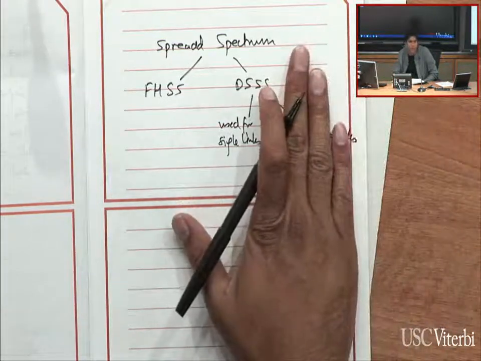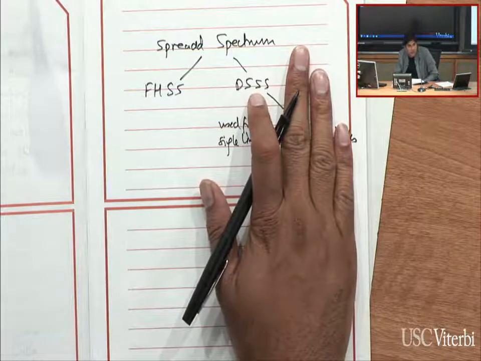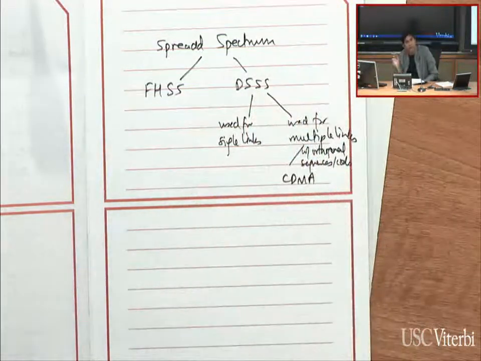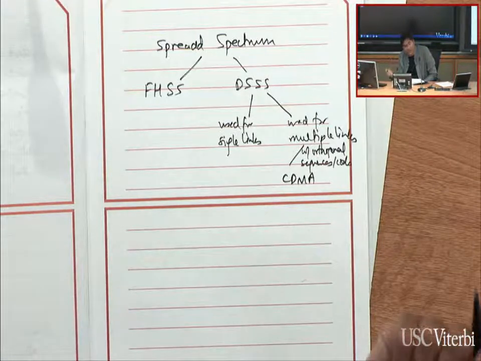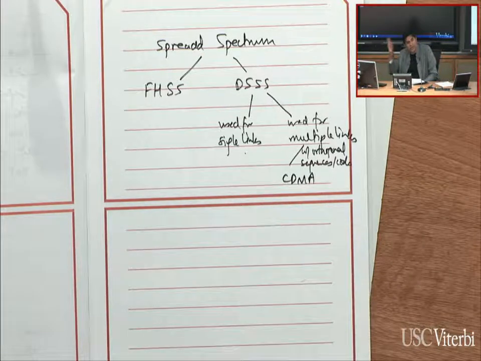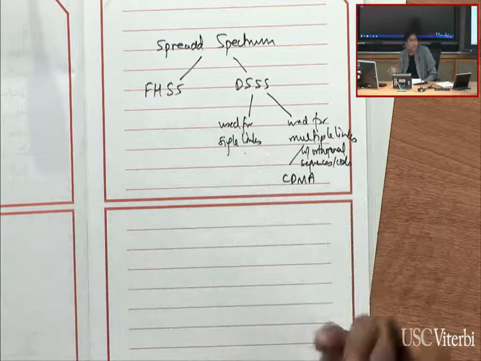But even if you're not using it for multiple links, direct sequence spread spectrum is still useful, because it allows you to be robust to delayed versions of that signal, so it helps reduce intersymbol interference. It is also useful because it may help filter out other interfering communication from other devices. When you decode with your particular chip sequence, if they haven't encoded with that, depending on the choice of the sequence, you'll be able to decode your signal stronger.